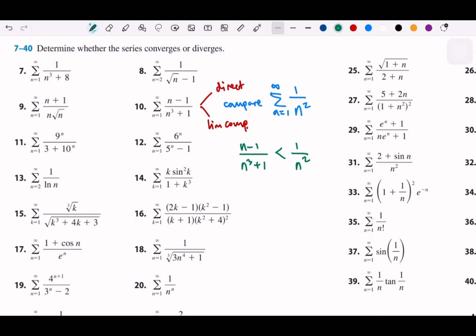So we can also take the direct comparison and have the same conclusion. This will be convergent.